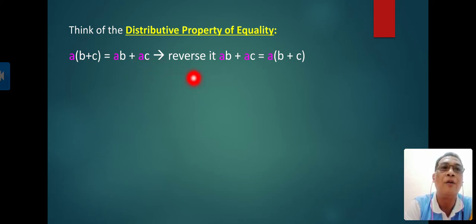If we reverse it, a multiplied by b plus a multiplied by c is equal to a times the quantity b plus c. Okay?